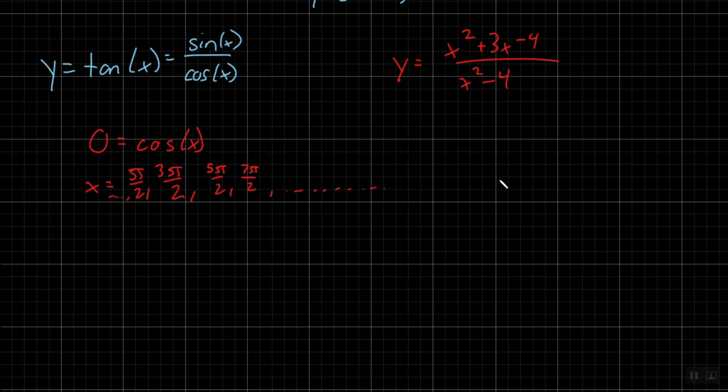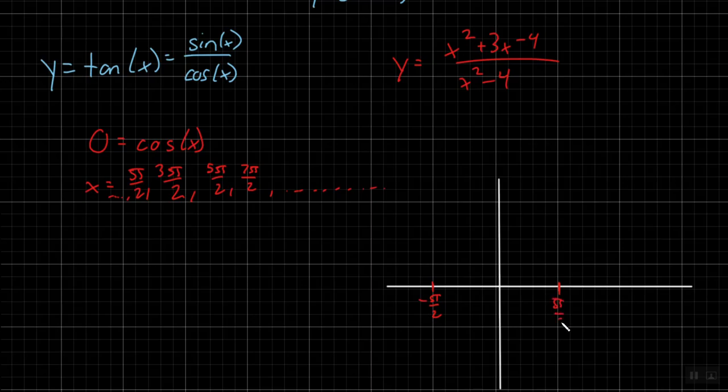So I'm going to start tangent like so. I have negative pi halves and pi halves. And we have a vertical asymptote at both of these. Can I cross a vertical asymptote?